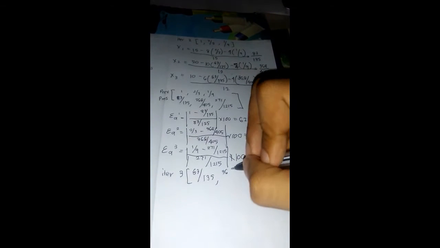So for the last iteration, iteration 3, we have the values 83 over 135, 368 over 405 and 271 over 1215.